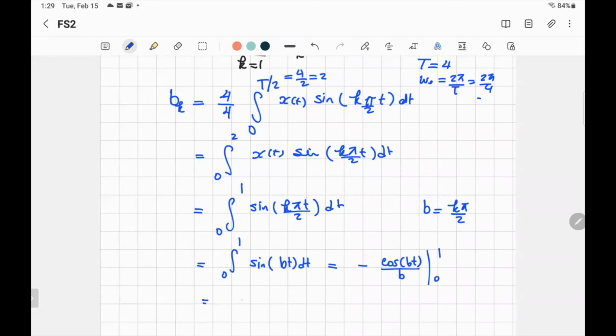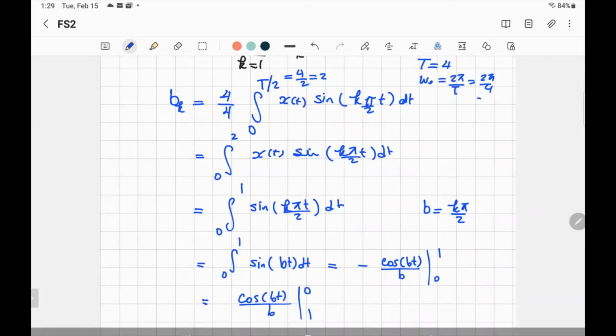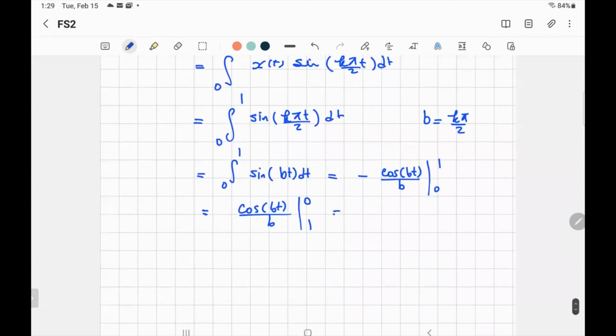Now I'll substitute. If you have a negative, how do we write positive? You change the limits from 0 to 1 to 1 to 0, which makes up for the negative sign. Equal to 1 over b, cosine 0 minus cosine b. What's cosine 0? 1. So the answer will be 1 over b, 1 minus cosine b.